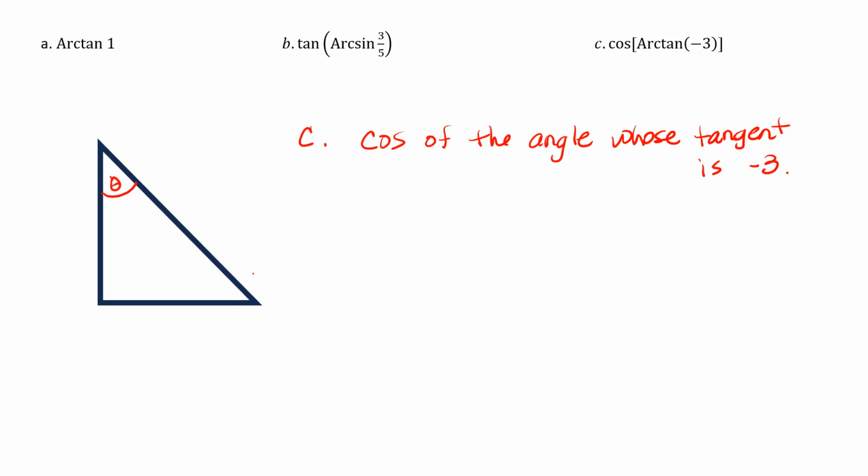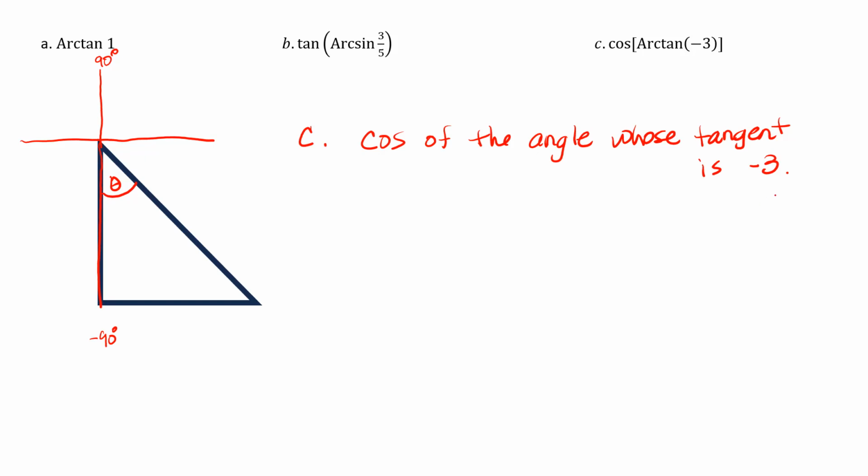It has to be in the fourth quadrant because that is where you have the angles where tangent is negative, because remember, arc tangent with a capital A goes from -90 to 90. So that's fourth and first quadrants.